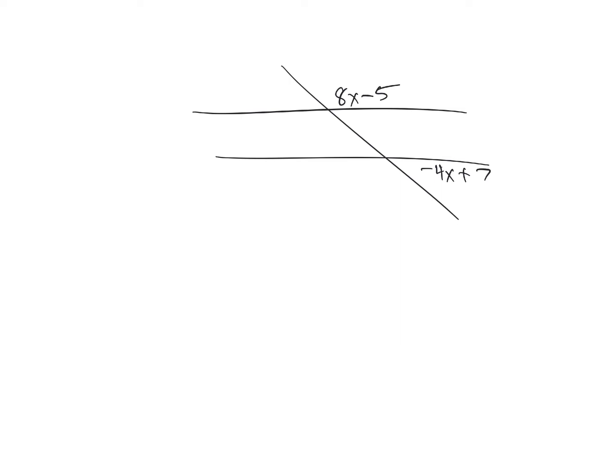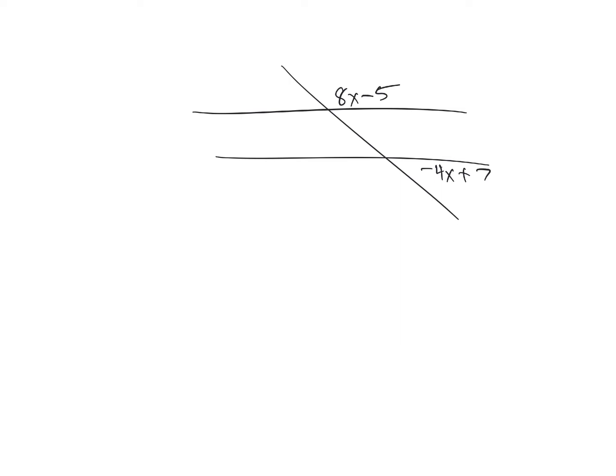Those two angles are not the same types of angles. One's obtuse. 8x minus 5 is obtuse. If they're equal, then the negative 4x plus 7 has to be obtuse. That's not an obtuse angle, that's an acute angle. So since they aren't the same, then that means they have to add up to 180. All right? So let's go ahead and add them together.